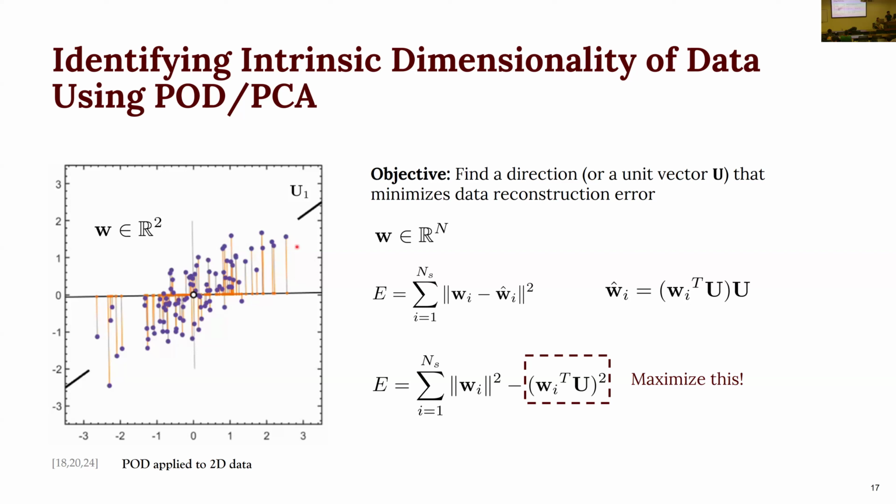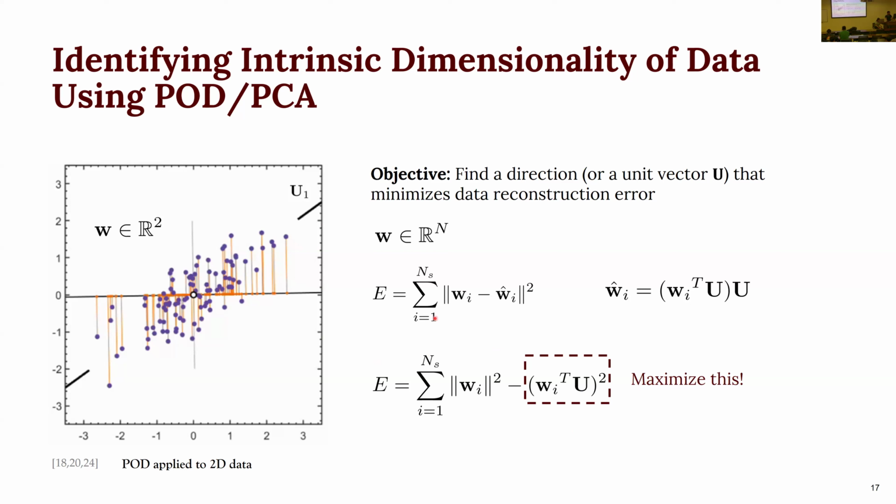Now we want to sum over all the points and calculate this total sum E, and then we want a direction such that E is minimized. If we substitute Wi hat here and do some algebraic manipulation, we end up with this expression.